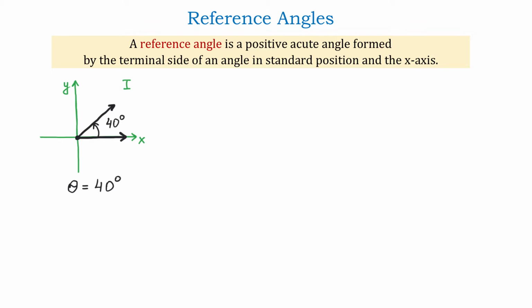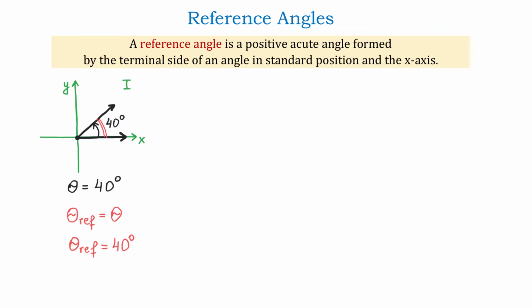In quadrant 1, the reference angle is the same as the given angle theta because this is the acute angle that is formed by the terminal side of theta and the x-axis. This angle is always positive and it doesn't have any direction. Now, the notation we will use here for the reference angle will be theta ref, and in quadrant 1, theta ref is the same as theta. So then, the reference angle is also 40 degrees.